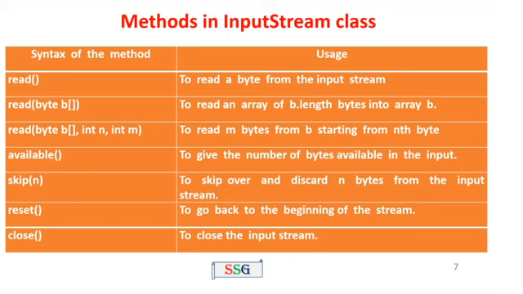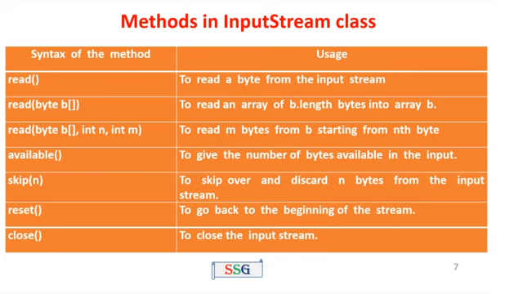Now some of the methods in the input stream classes. Input stream classes mean reading the content from the file. The first one, read, to read a byte from the input stream. Read byte array b, to read an array of b.length bytes into array b. Read byte array variable, int n, int m, to read m bytes into variable b starting from the nth byte. Available gives the number of bytes available in the input.